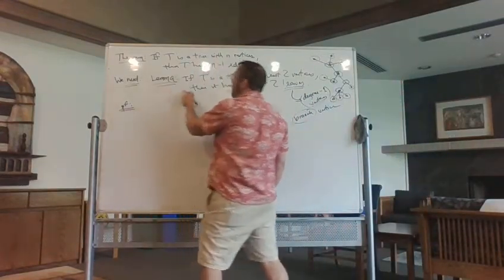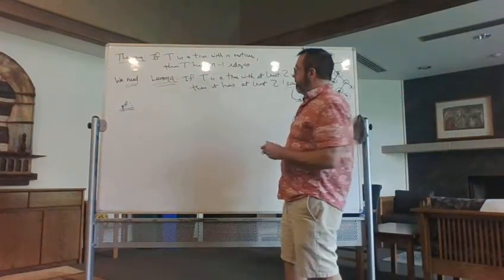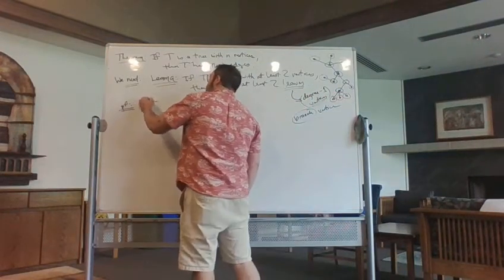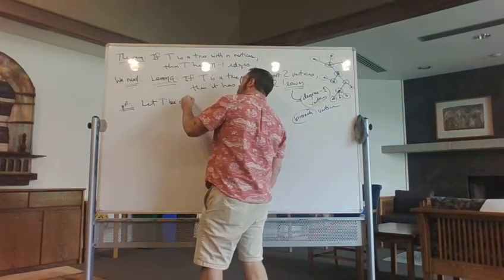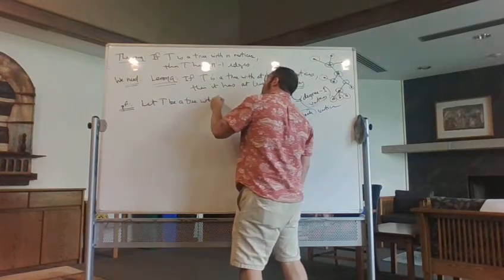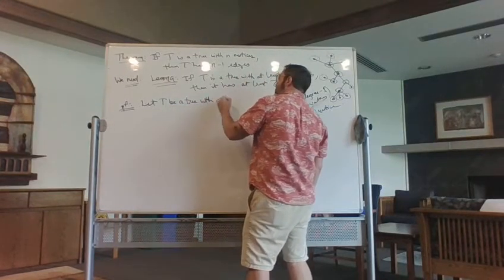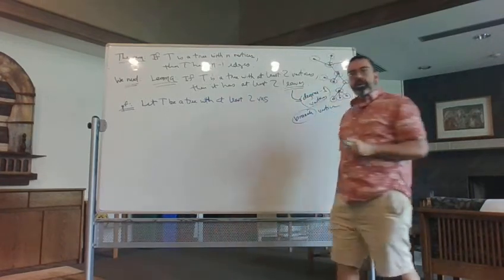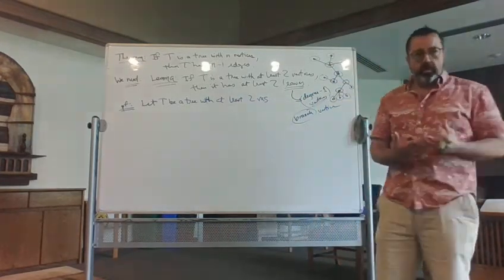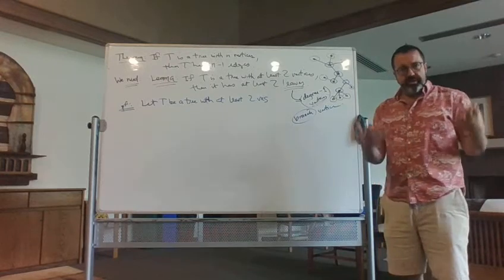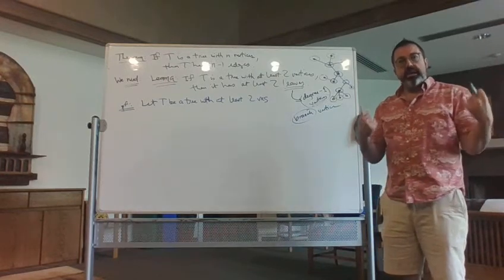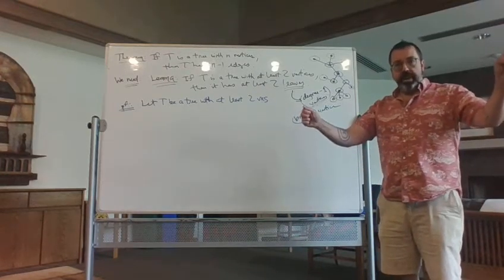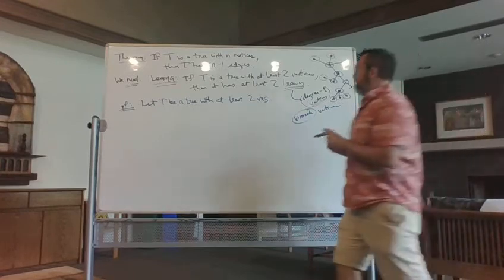So proof of the lemma, to be clear, we're going to prove the lemma first. Let T be a tree with at least 2 vertices. And what we're going to do is kind of a proof by contradiction. What we're going to do is construct a path that's as long as possible and show that the 2 endpoints of that path have to be leaves.